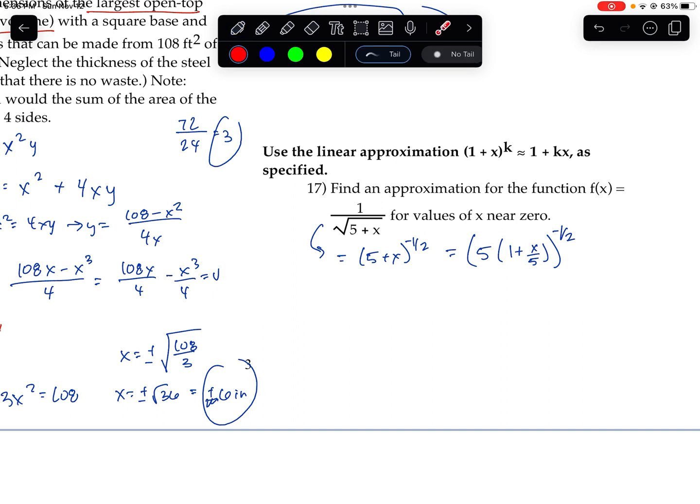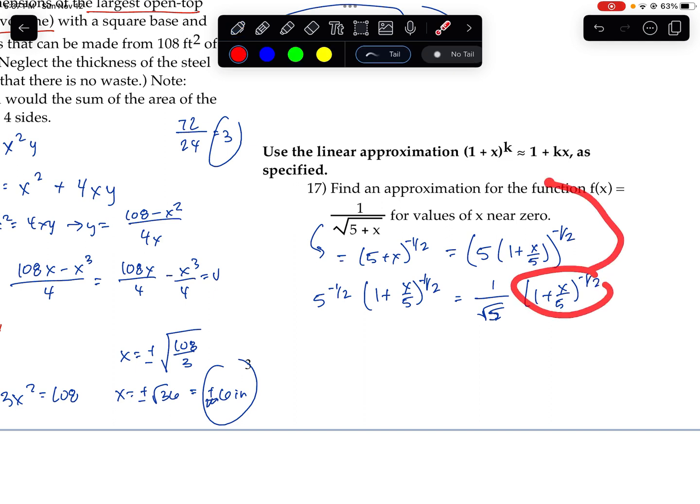That would make this a product. And if that's a product, then I can write it like this. So that's 5 to the negative 1/2 times 1 plus x over 5 to the negative 1/2. Well, that would be equal to 1 over the square root of 5, and then that's going to be times 1 plus x over 5 to the negative 1/2. Okay, that wasn't too bad.